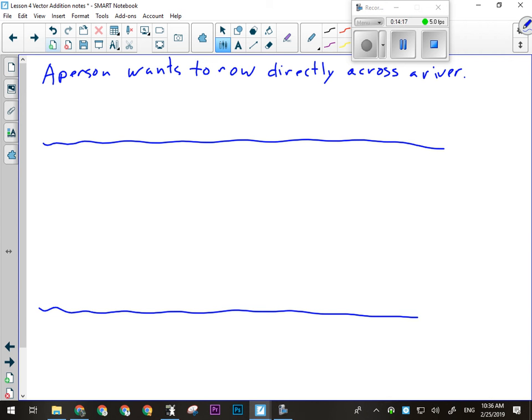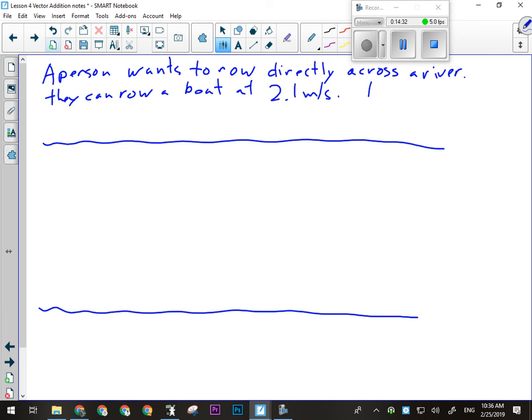So a person wants to row directly across a river. They can row a boat at, let's say, 2.1 meters per second.